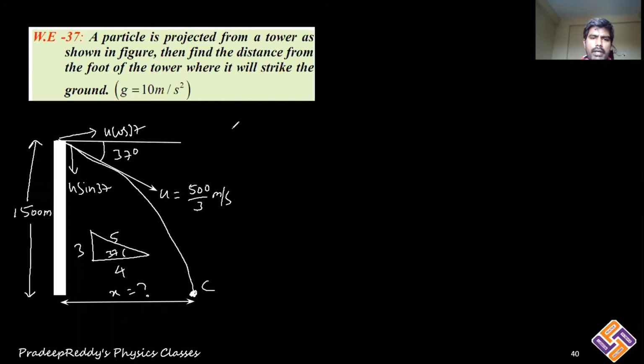So uy can be written as 500 divided by 3 into sin 37, it is 3 by 5. 3 and 3 gets cancelled, this becomes 100. So uy, initial velocity along y direction, is 100 meter per second.